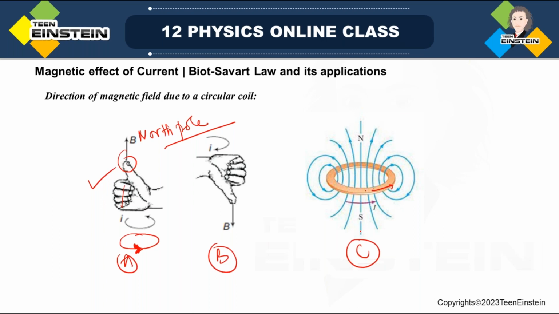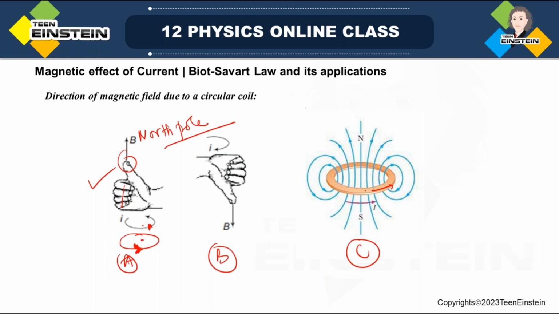That means when the current is flowing in the clockwise direction, we can get some idea. Suppose this is a loop, and current is flowing in the anti-clockwise direction.